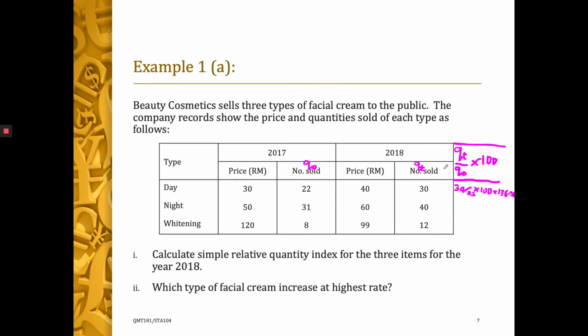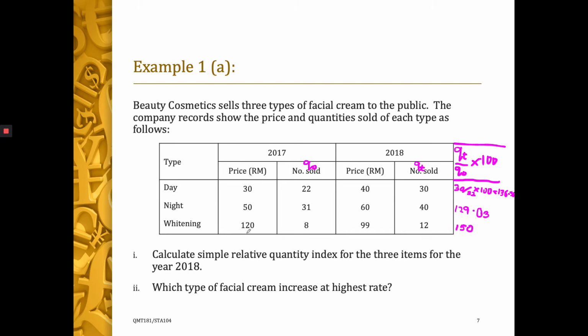Okay, the next one, for night cream, it will be 40 divided by 31 times 100. So your answer, you will get 129.03. And for the whitening cream, it will be 12 divided by 8 times 100, and you will get 150.